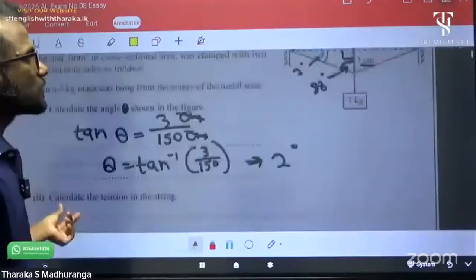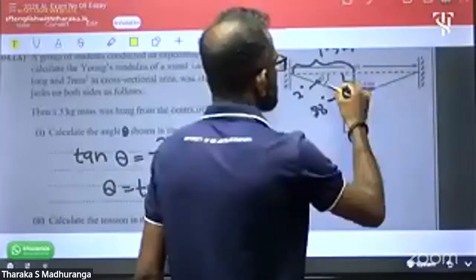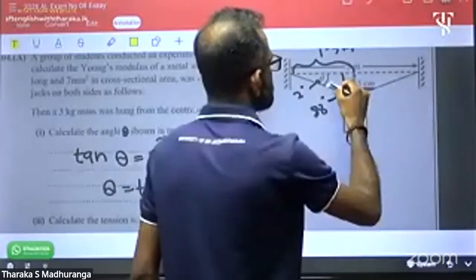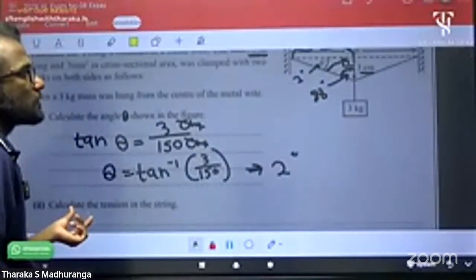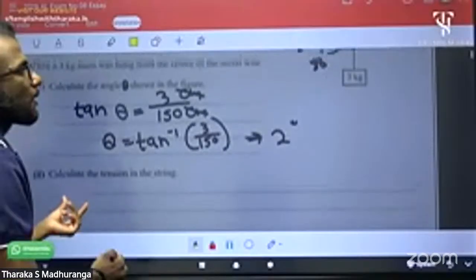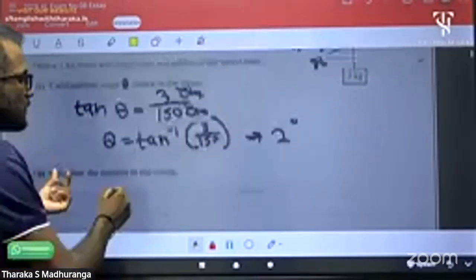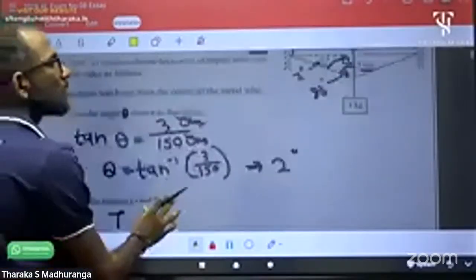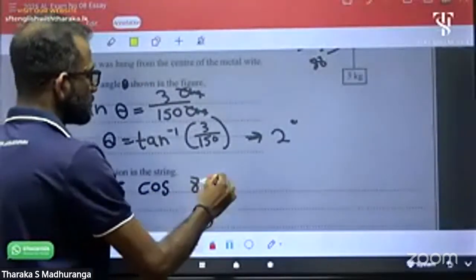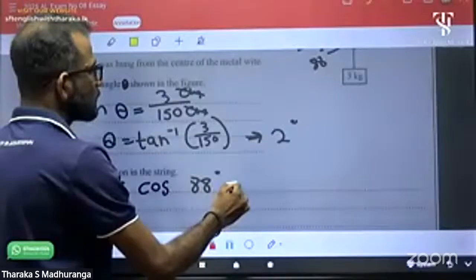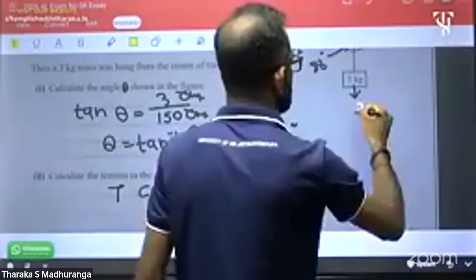Tension on the string. Since it is a balanced system, you can isolate it this way. T cos 88 equals 30 Newton. Since it is 30 Newton, that means the weight, right? The weight is 30 Newton.